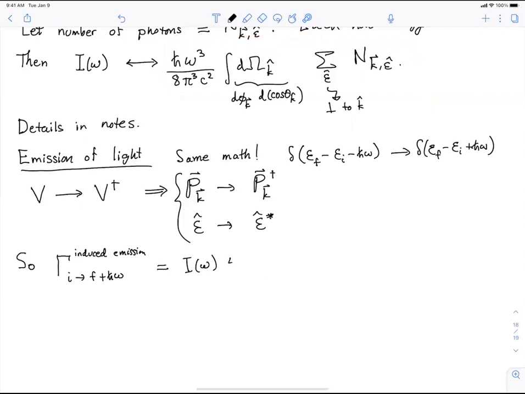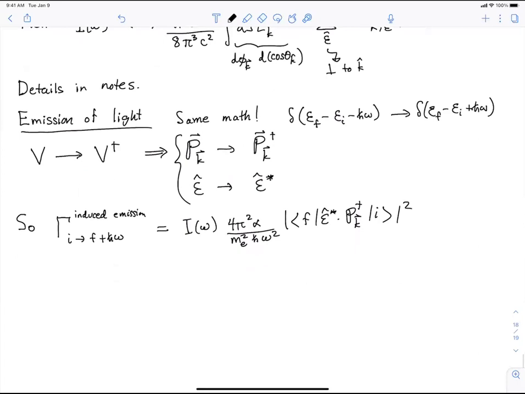Then there's the same factor of pi squared, fine structure constant, mass of the electron squared, h bar omega squared. And then I just have to write down my matrix element of the Hermitian conjugate operator that I wrote down for absorption, but otherwise it's the same. And that's the case for discrete final states.